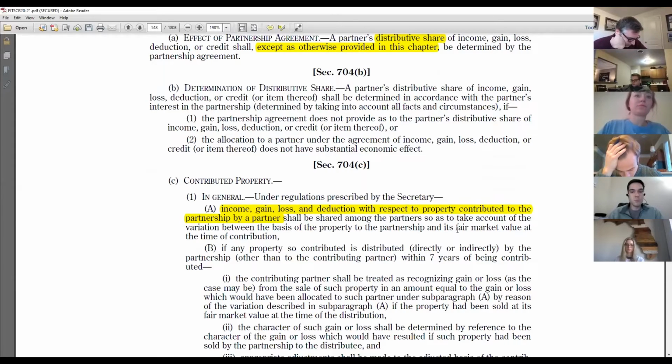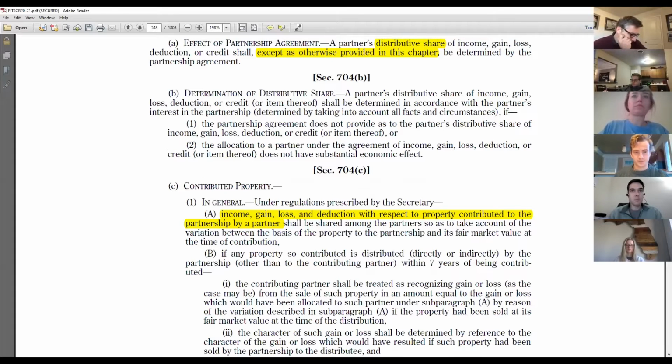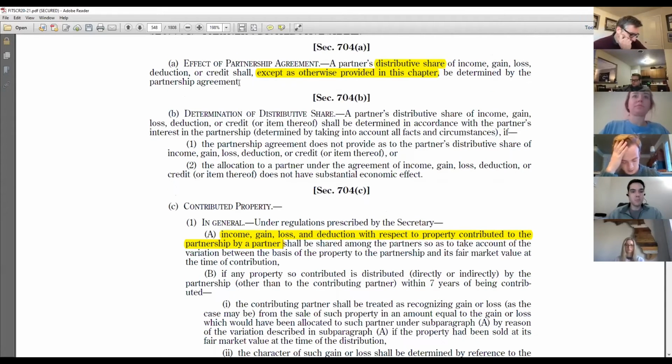Again, there are more detailed rules, but that's what says in our example that 80 of built-in gain, when A contributes, is eventually allocated to A when Blackacre is sold for 120. So that's what says that 80 of that 100 of gain comes off the top and goes straight to A as a contributor of Blackacre, and the other 20 are then allocated under the general rule, which is 50-50 per their agreement.